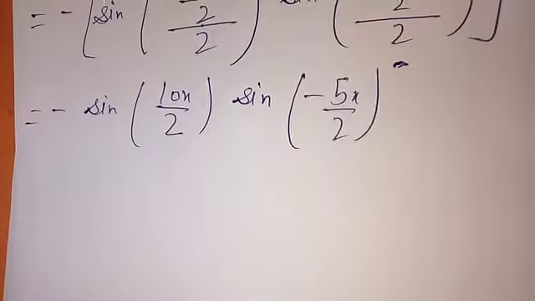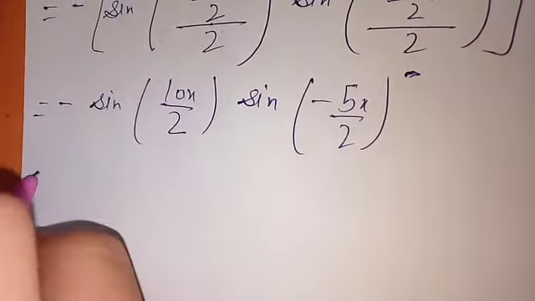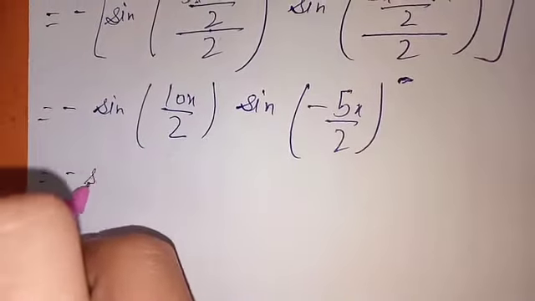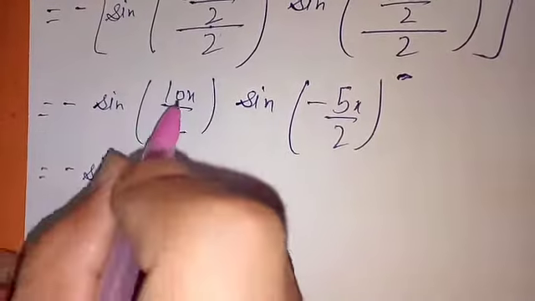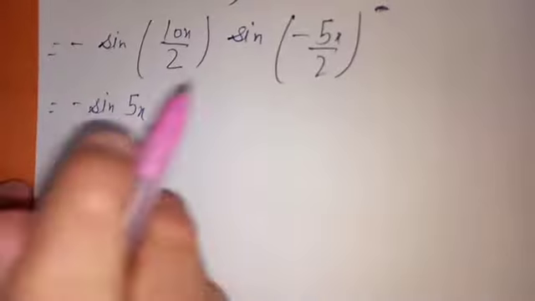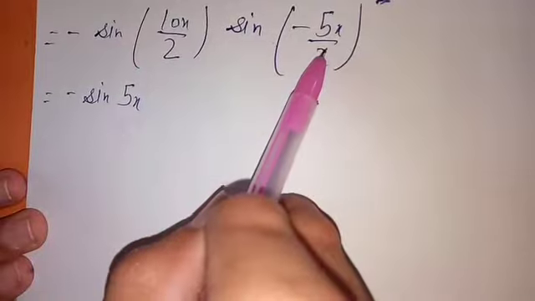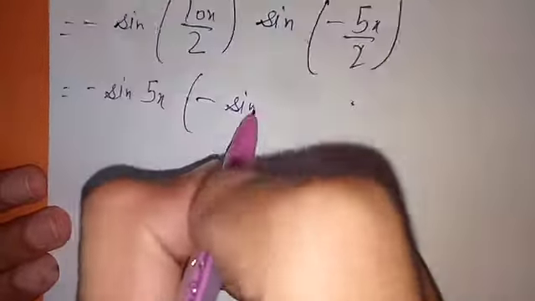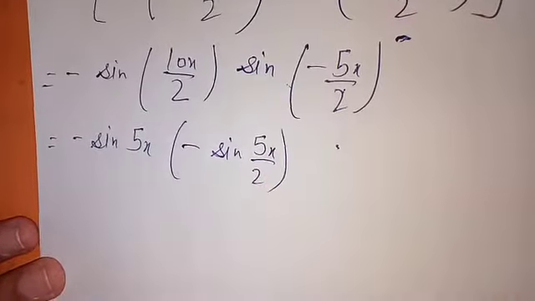Okay, understood? Now this will be minus sin 10x by 2, 5x, into, now sin of minus x is minus sin x, so minus of sin 5x by 2.